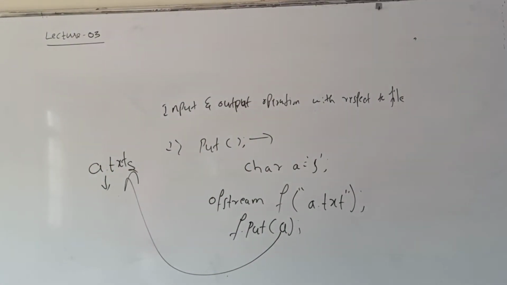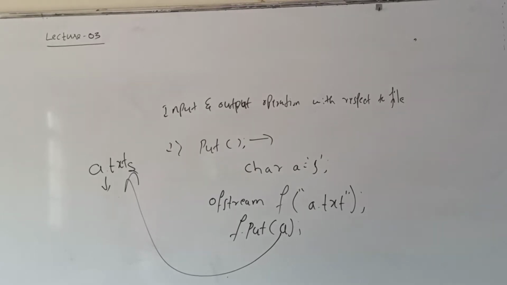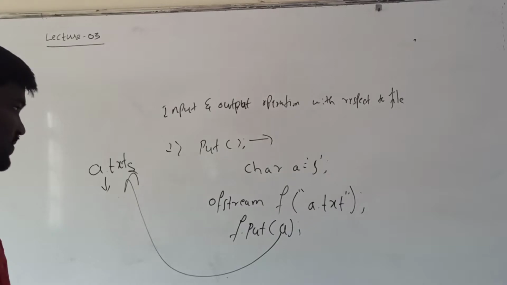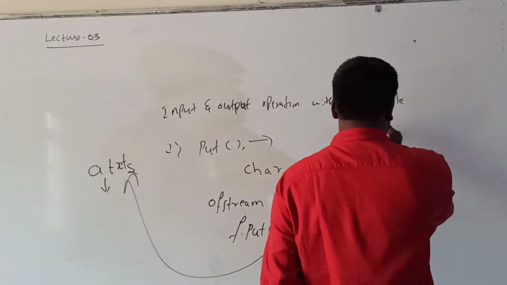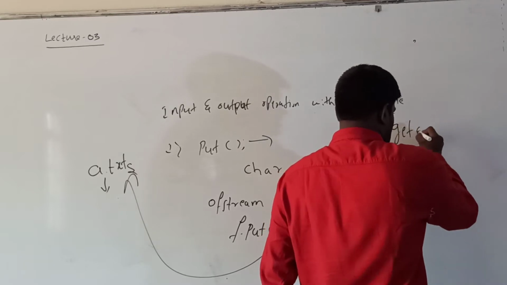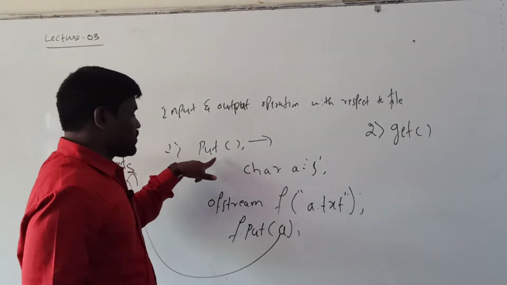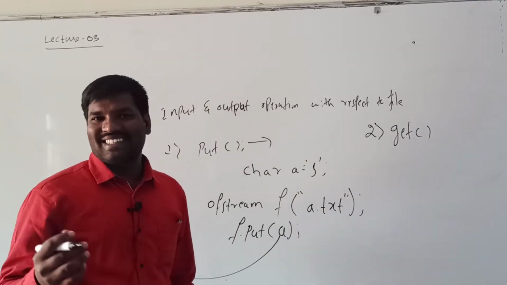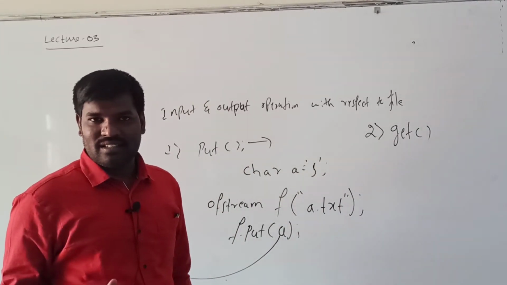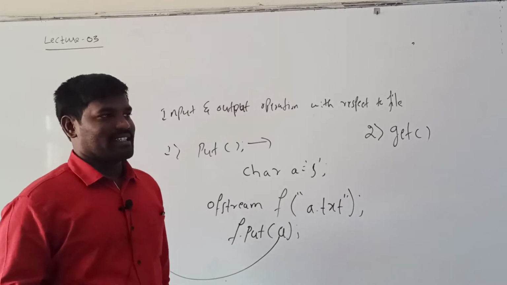Next is the get function. Put means output, get means input. It is used to read a single character.